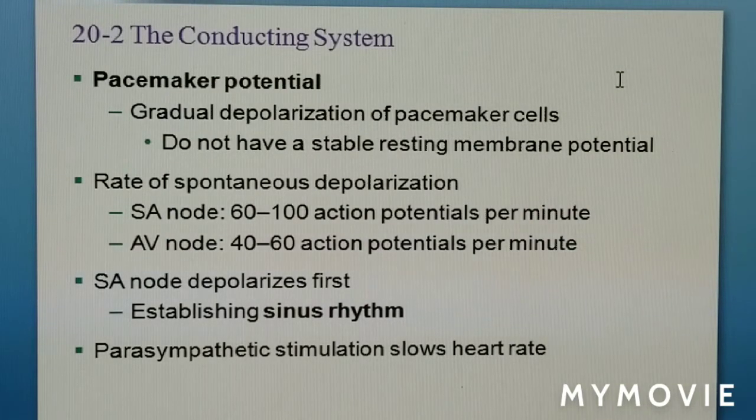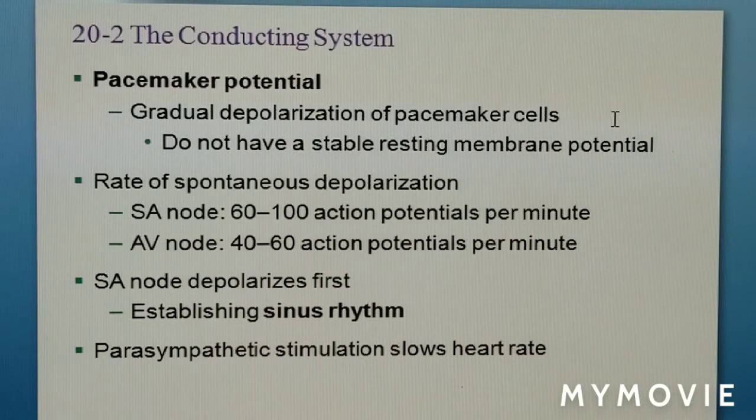They do not have a stable resting membrane potential. Rate of spontaneous depolarization: the SA node is 60 to 100 action potentials per minute. The AV node, 40 to 60 action potentials per minute.